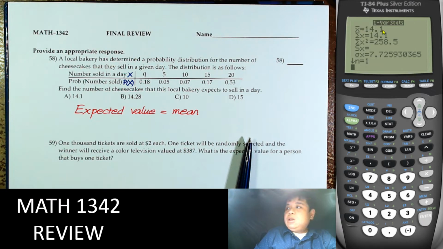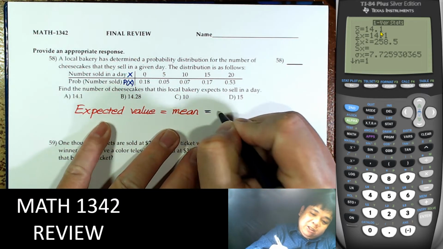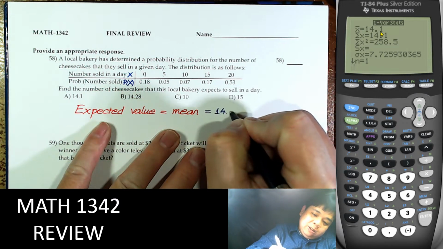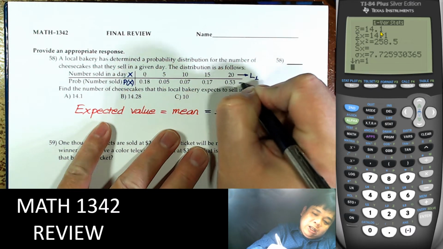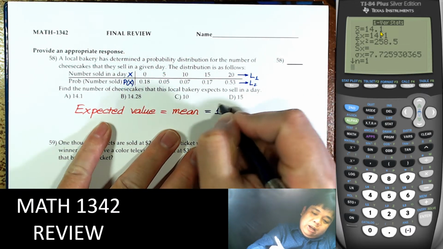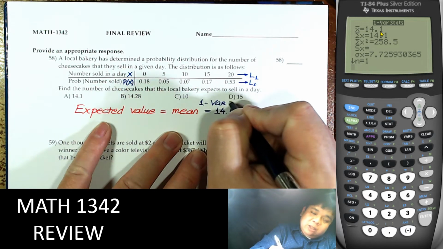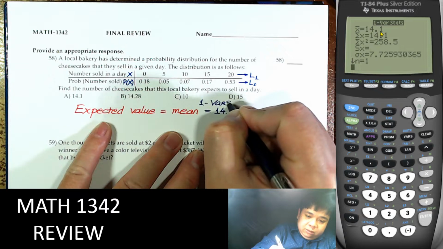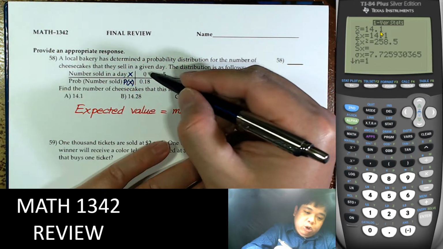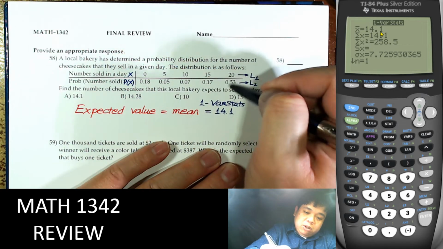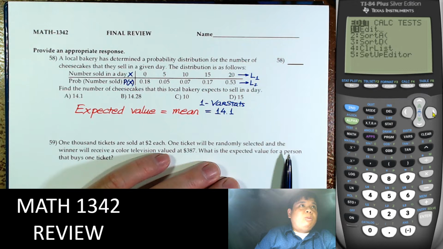Right, the mean is 14.1. Once again, this will go to list 1, this will go to list 2, and to get this, it is one variable statistic. If we do it by hand, we multiply those numbers and then add them up. So we can do this.